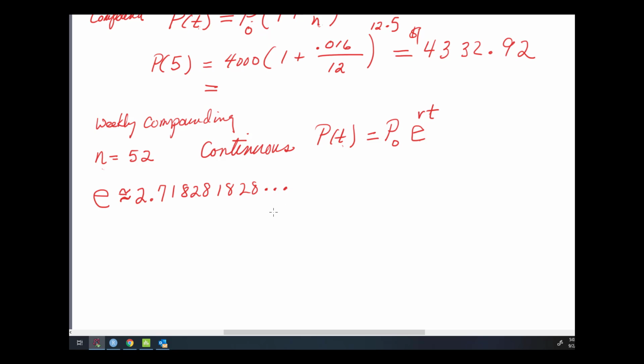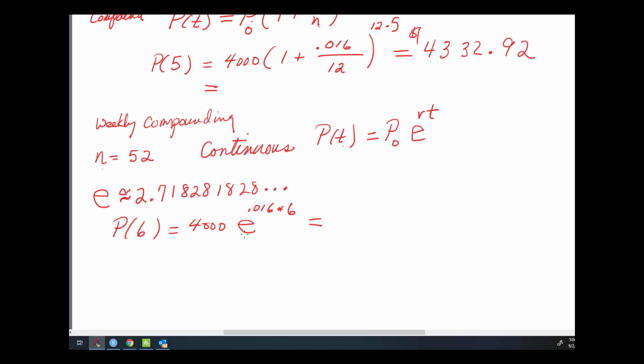So if I compound continuously, just to have a different value, say after 6 years, I would have 4,000 e to the 0.016 times 6, because we're talking about 6 years here. Now, how do you calculate that? Well, your calculator has an e key on it.